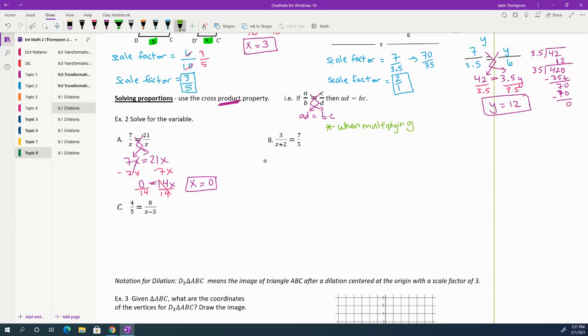A reminder: when you're multiplying expressions, and an expression is any time that I'm adding or subtracting something to the variable, like x plus 2 in this case, it's really important that you write them in parentheses.